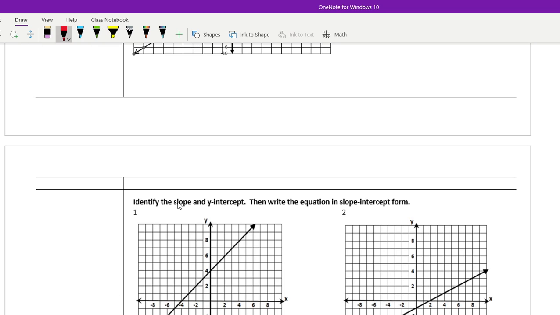When we are trying to identify the slope and y-intercept so that we can create an equation, our y-intercept is one of the easiest. It is 1 point wherever it crosses the y-axis. I'll label both of my problems real quickly.